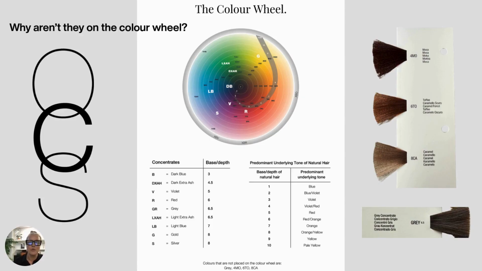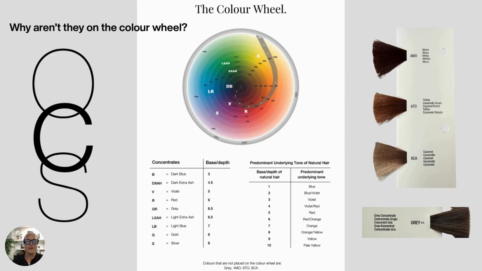Okay, so when you are looking at your 4MO, the 4 is indicating that it sits at a level 4, the 6TO at a level 6, and the 8CA at a level 8. And the gray indicated just to the side of it is the 6.5. So in between a 6 and a 7. So this is when we can refer back to the predominant underlying tone chart.